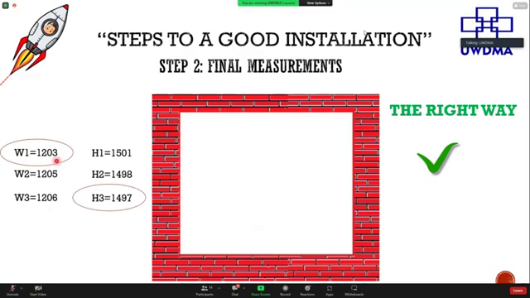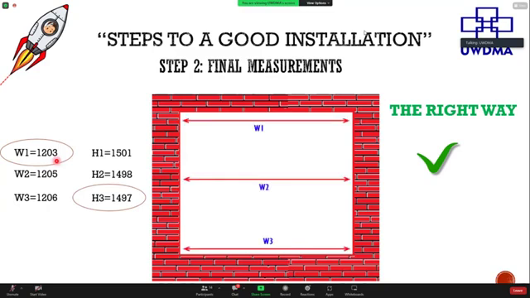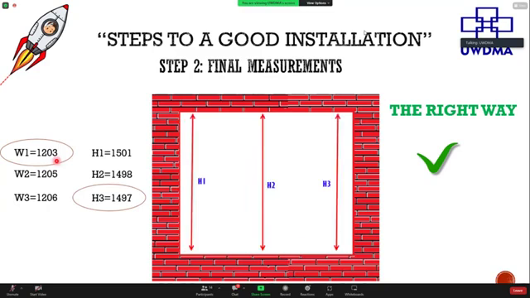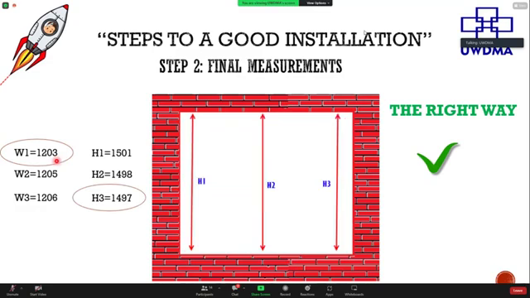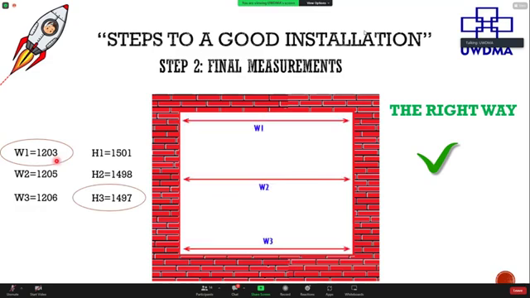No, we cannot. So we can fit a smaller window in a larger space, but we cannot install a bigger window in a smaller space. That's why we take the minimum of the widths and the minimum of the heights.